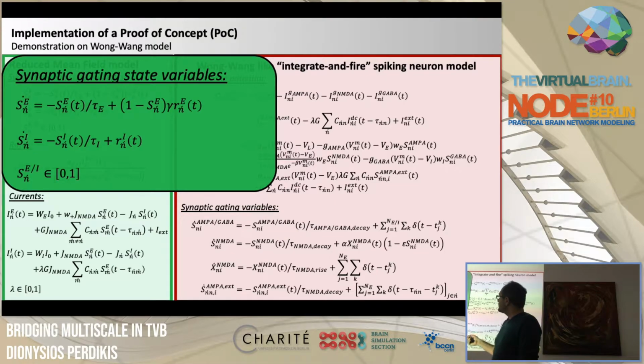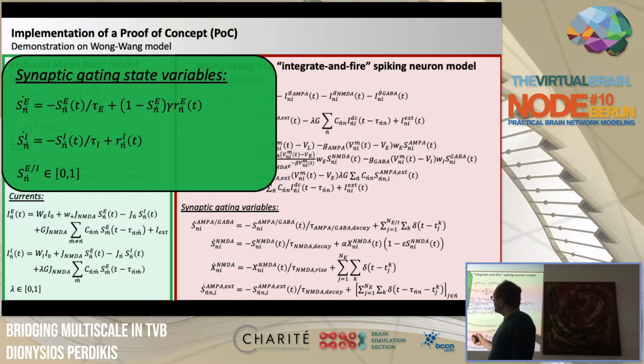There are slightly different equations for the excitatory population, because here it's the NMDA synapse that governs the dynamics, and simpler for the inhibitory one, because in this case it's the GABA synapses, as you're going to see later on, that govern the dynamics.